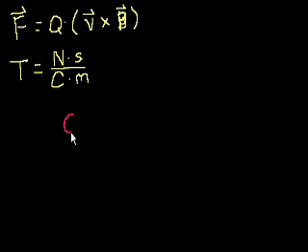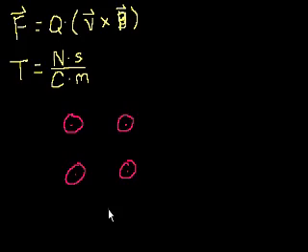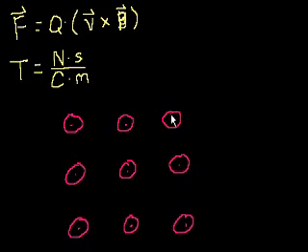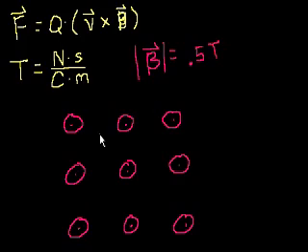You can imagine a bunch of arrows popping out of the screen. I'll just draw a couple of them, just so you get the sense that it's a field. It pervades the space. The magnitude of the field, let's say it is, I don't know, 0.5 Teslas.